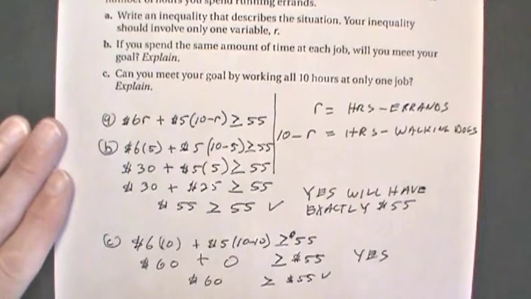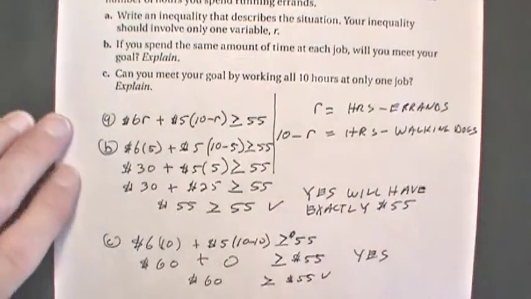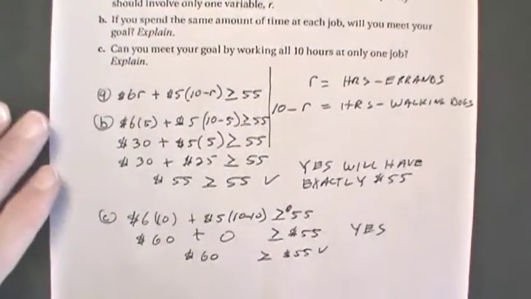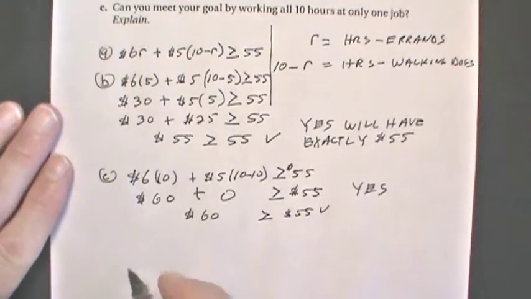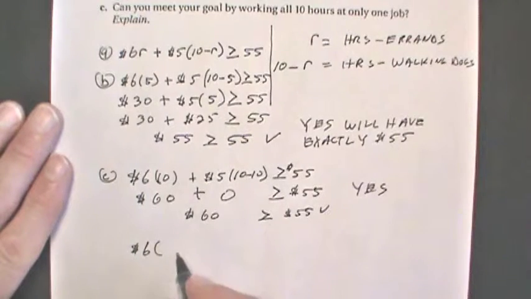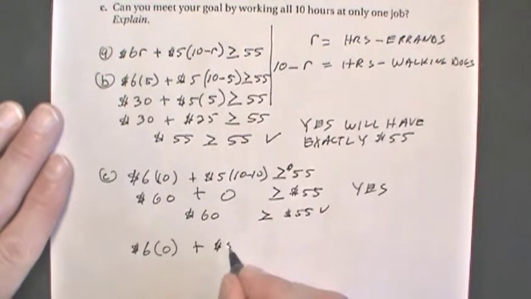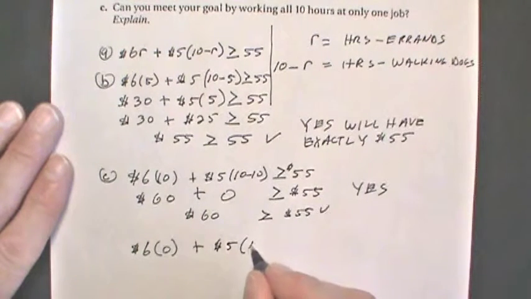So let's also consider whether we can make it by spending all 10 hours on walking the dogs. So we're going to have $6, okay, for R here is going to be 0. That's how many hours we're going to spend on errands. We have $5 for walking the dog.